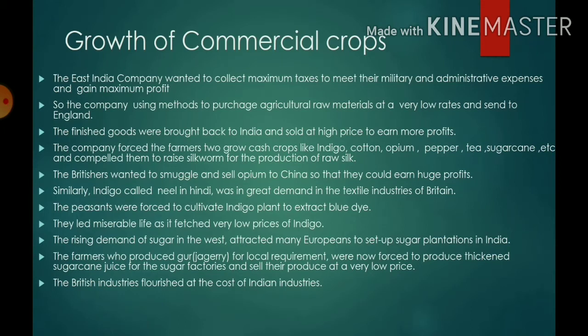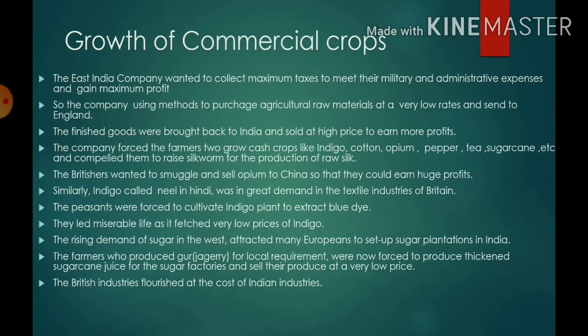The agricultural raw materials were purchased at very low rates and sent to England, where finished goods were prepared, brought back to our country and sold at a higher rate, so that they got much more profit and benefit.